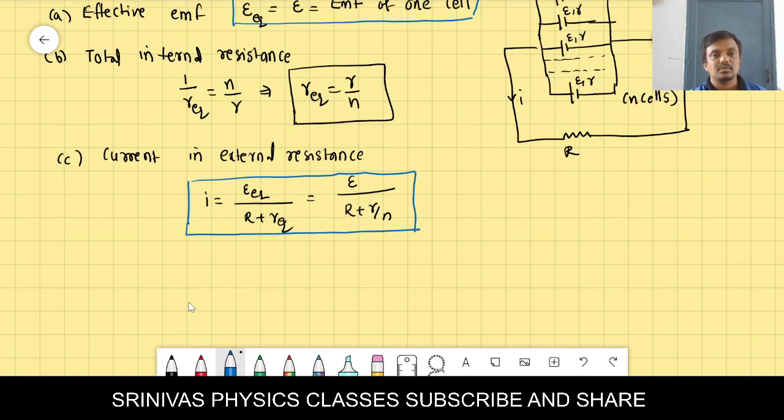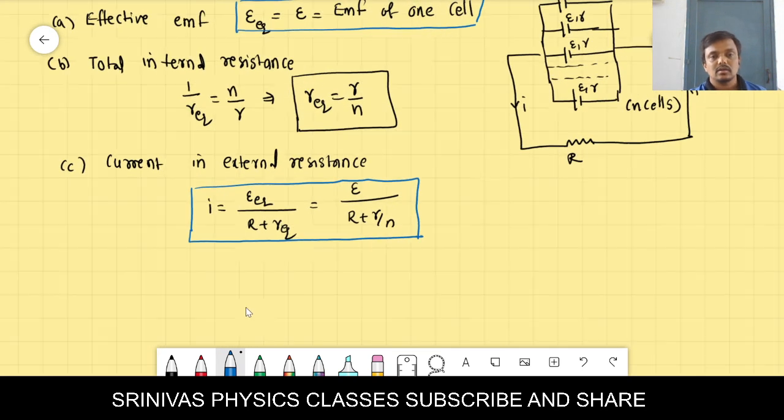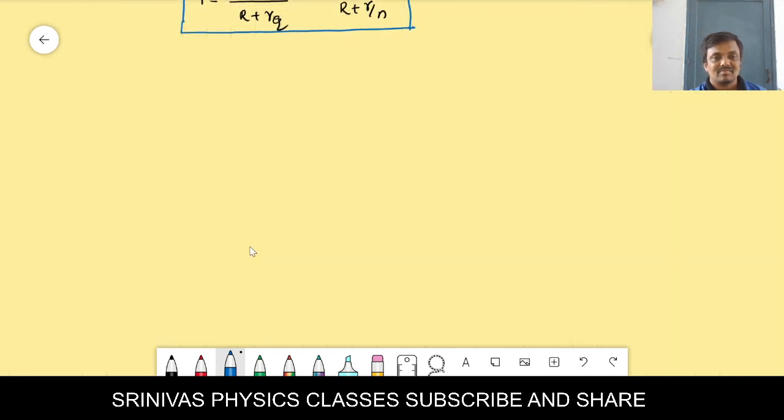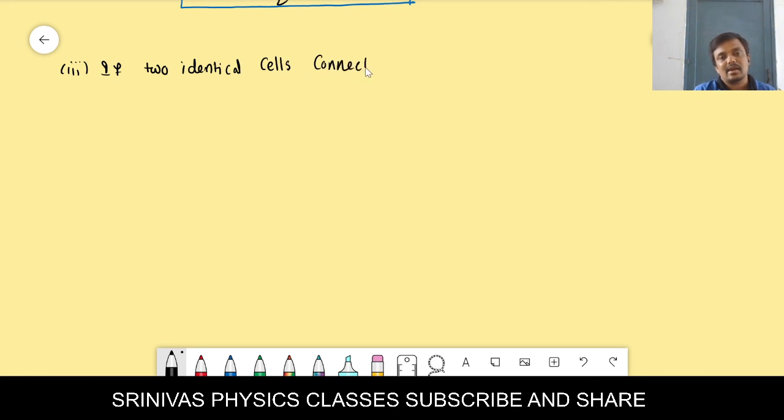Let us go for the continuation. Actually, for the third point, if two identical cells are connected in parallel, then what is the total EMF?